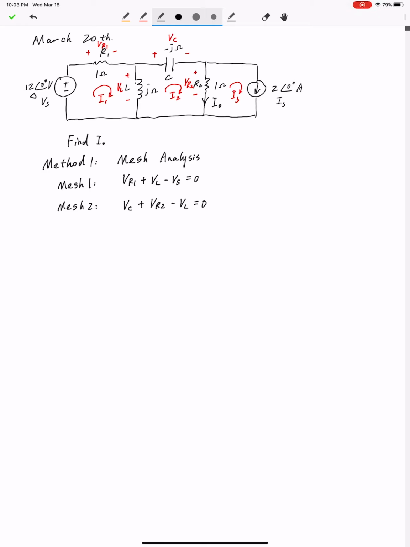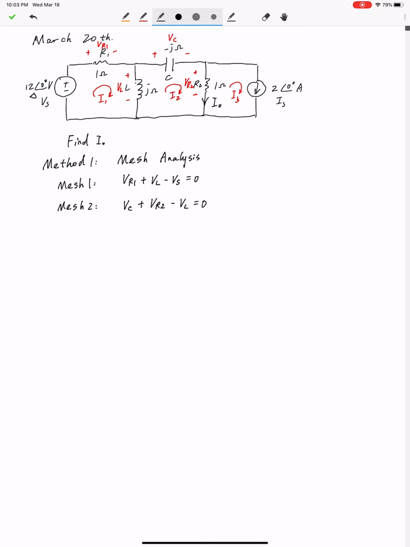Somebody may notice that the current source is connected in parallel with R2, which means the voltage on the current source is the same as the voltage on R2, so that's VR2.